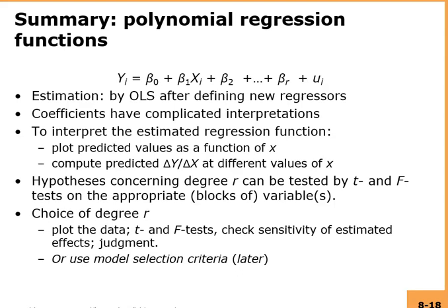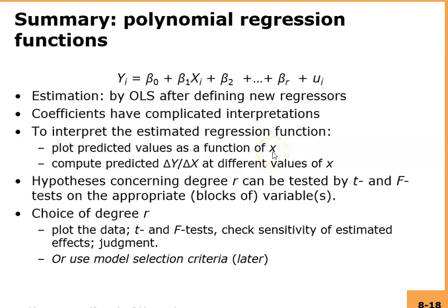The important thing to remember is that the marginal effect of x on y will change with different values of x. To interpret the estimated regression function, you can plot the predicted values as a function of x.